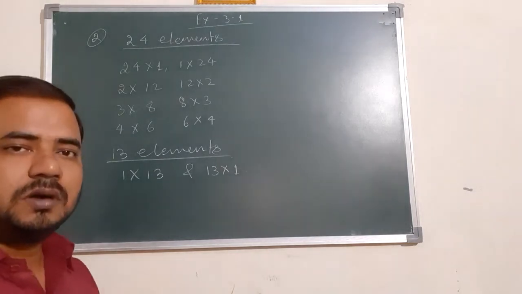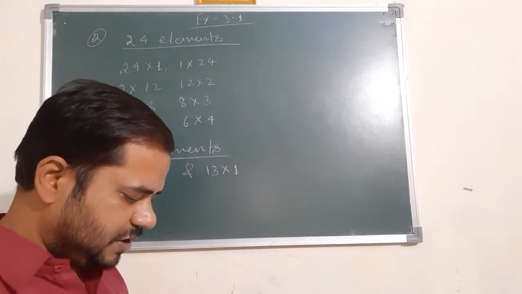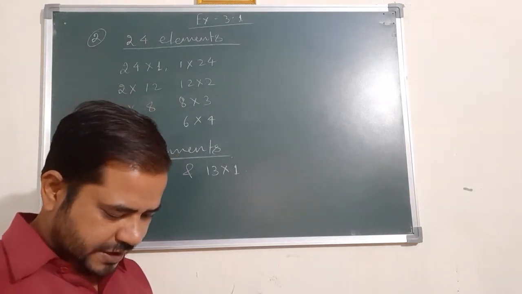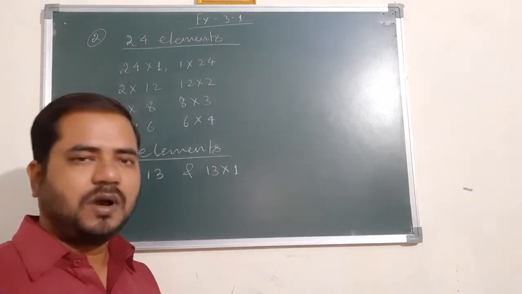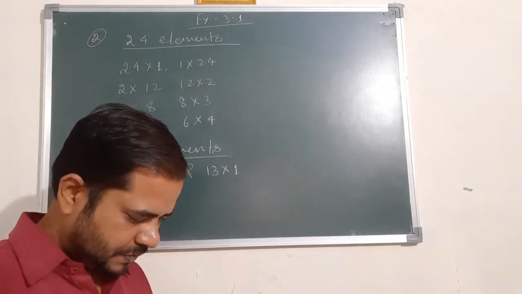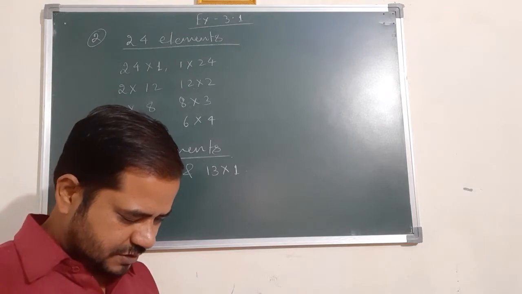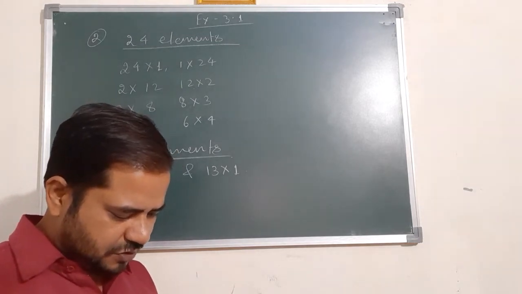Question number third is the same, with 18 elements: what are the possible orders it can have, and what if it has 5 elements? It is so easy.